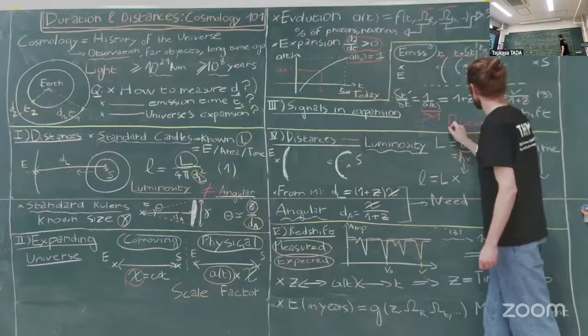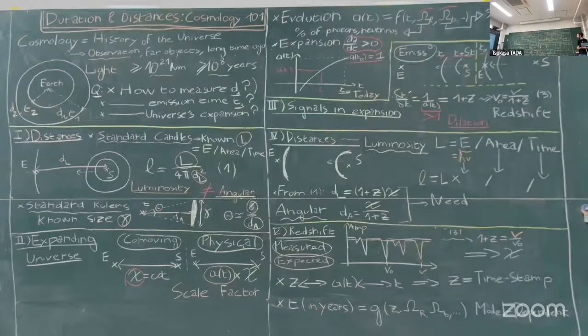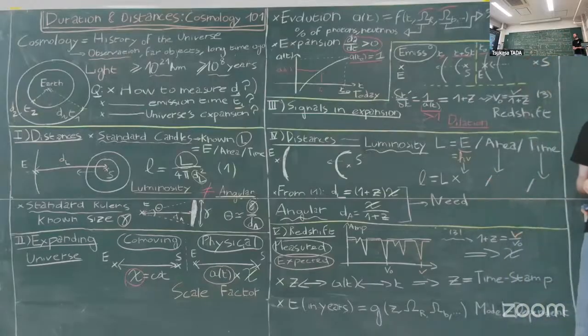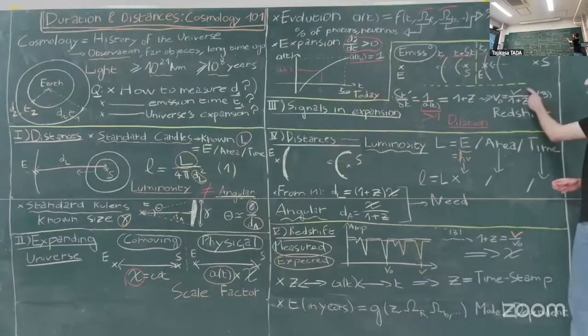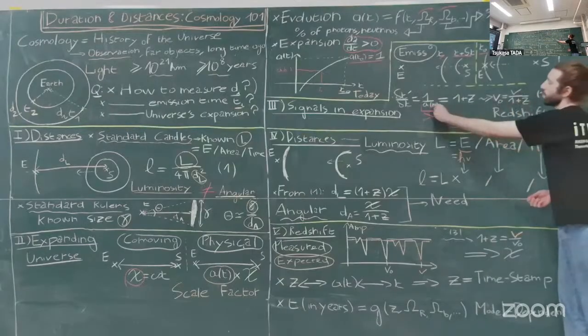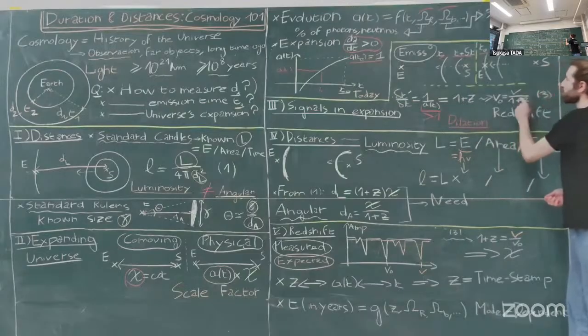The duration of a phenomenon at emission will be longer at reception. And conversely, if we look at the rate of something, the frequency of something, the frequency is going to be shorter. So if the frequency of a process is nu at emission, at reception it's going to be smaller, and it's going to be nu0 over, so this quantity that I've renamed 1 plus z here, so it's going to be nu over 1 plus z.